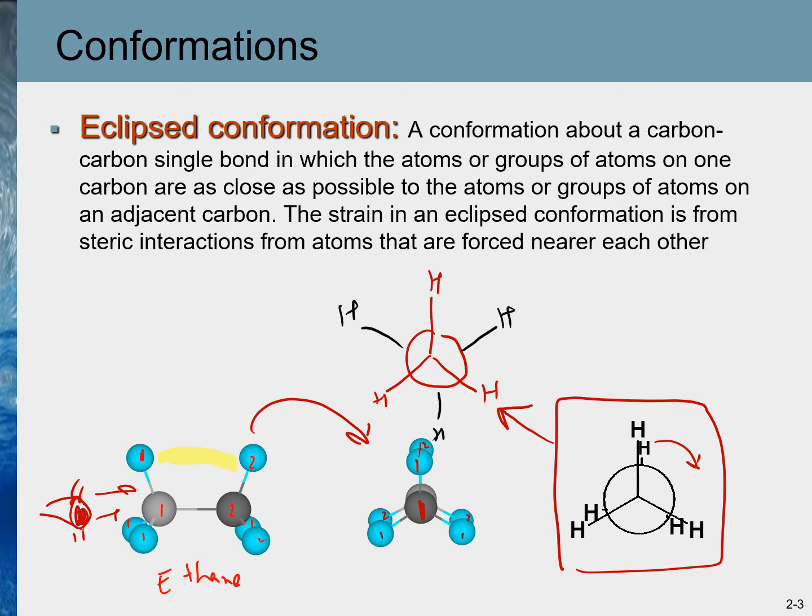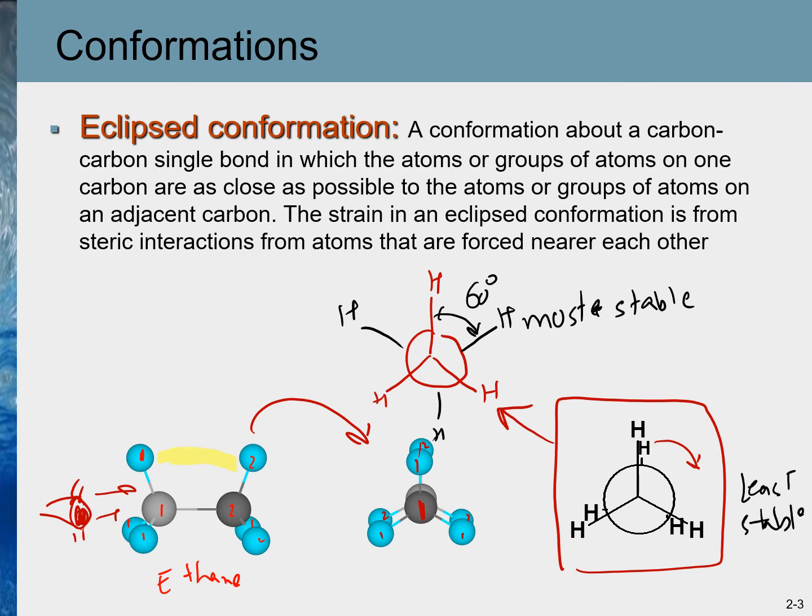So the angle by which it needs to rotate is 60 degrees. Going from eclipsed to staggered, which means least stable to most stable, the carbon-carbon single bond must rotate by 60 degrees.